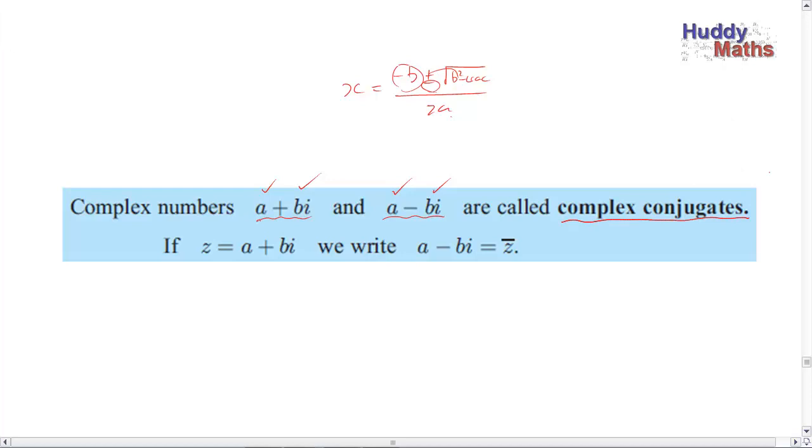Okay, the two with the opposite sign between them. And you've seen that before probably. There's a third, and its conjugate is 1 take root 2. So they're called conjugates also. And so if you call the first one z, then the symbol for the a take bi is z bar. So this is starting to make it very important that you put real and imaginary in that order. It gets confusing if you write it the other way around, because you want to change that sign to a negative to make the conjugate, but you can't play with these.